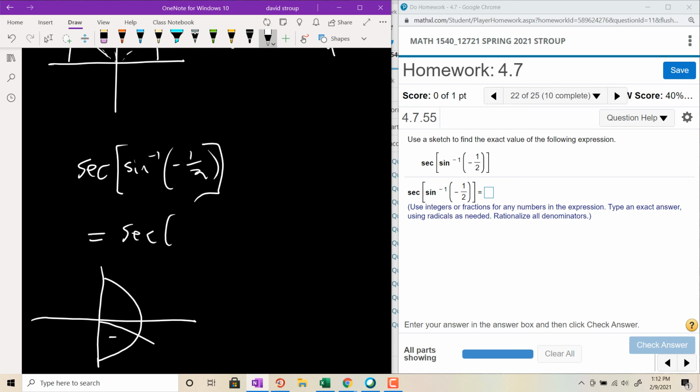So we're looking at secant of -pi over 6. That'll be for cosine, right? 1 all over √3/2, so 2 over √3, which would be 2√3/3.